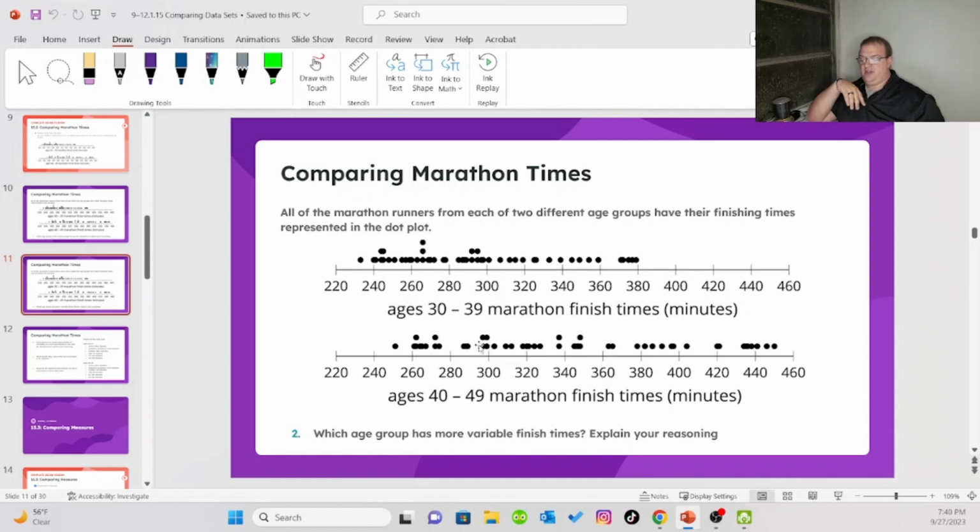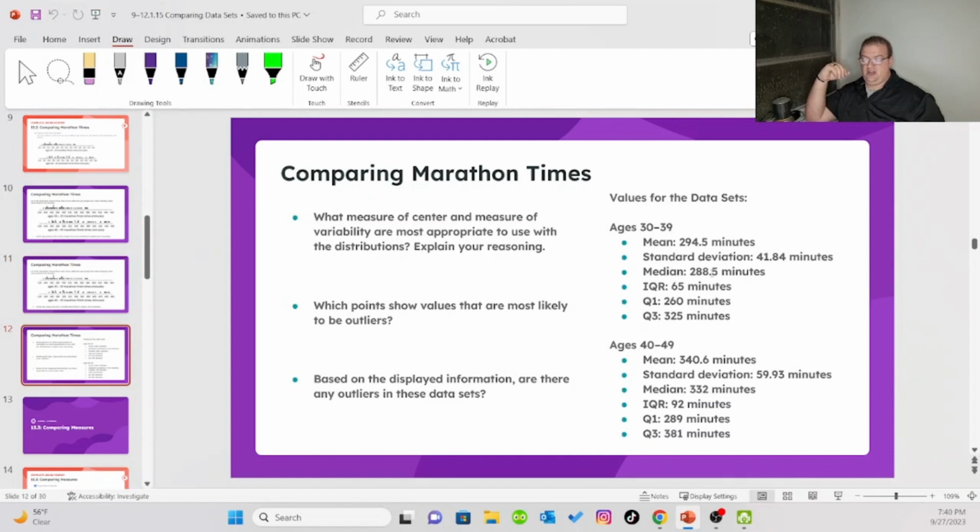Most of my dots are down here 260 to 350, and then I've got a tail that goes out to the right. So if I was judging this to be skewed right, which means non-symmetrical, then I am going to use median and IQR. Because if I have non-symmetrical skewed data, I'm always going to want to use median because mean is affected more by those outliers.